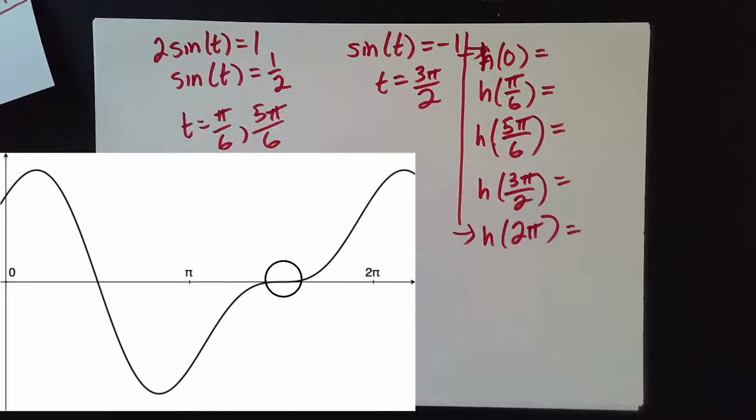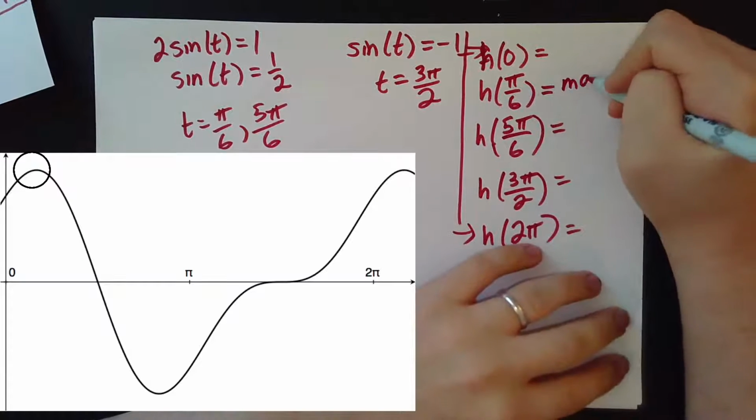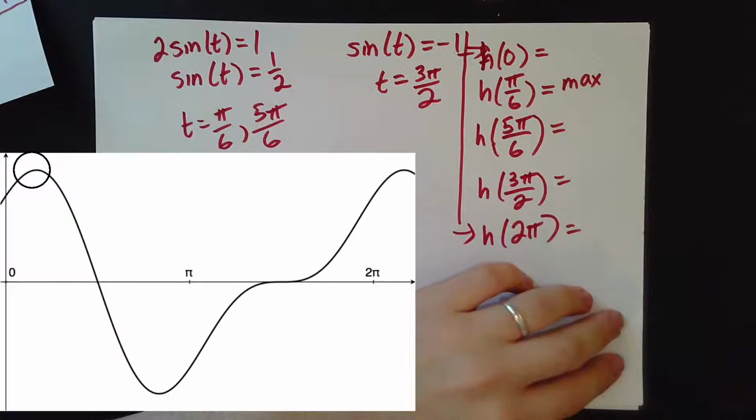Now, I am allowed to look at the graph and see which of these things is biggest. And that's the biggest one. So I'm going to just go ahead and write max here. That's from the graph. And this one down here, that's the min.